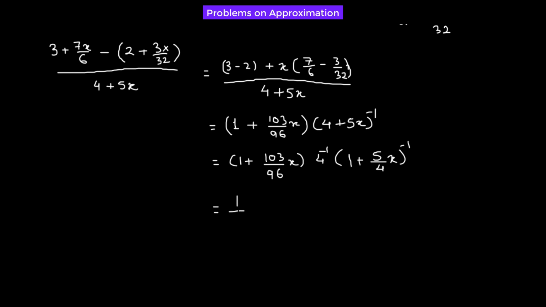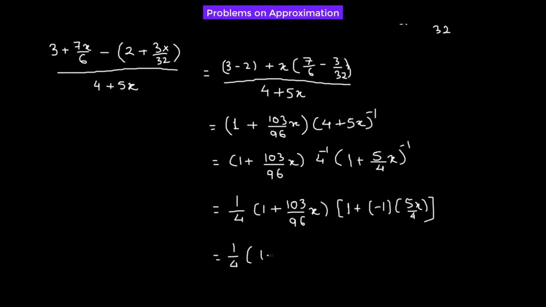So 4 inverse can be written as 1 over 4, times 1 plus 103 divided by 96 times x. We apply the binomial theorem. So we have 1 plus -1 multiplied to 5x over 4, which would be 1 over 4 times 1 plus 103 over 96 times x multiplied to 1 minus 5x over 4.